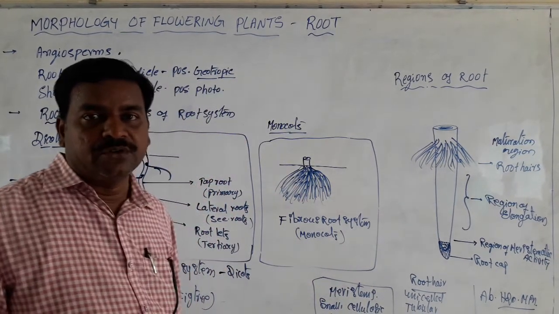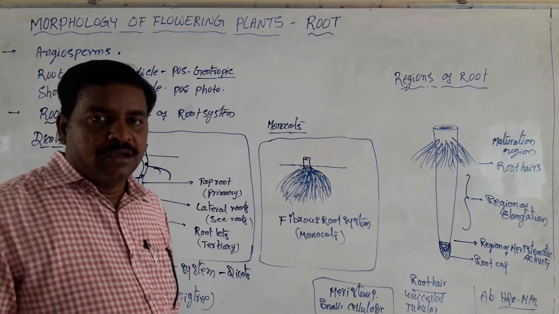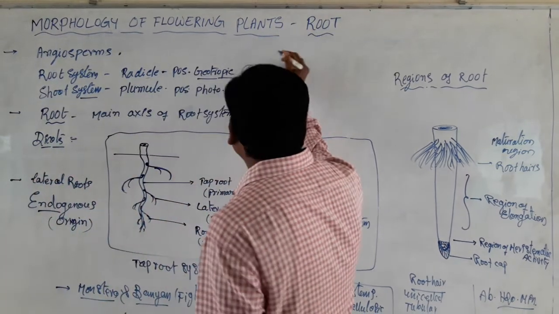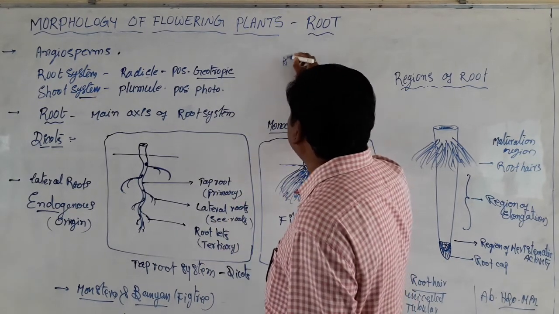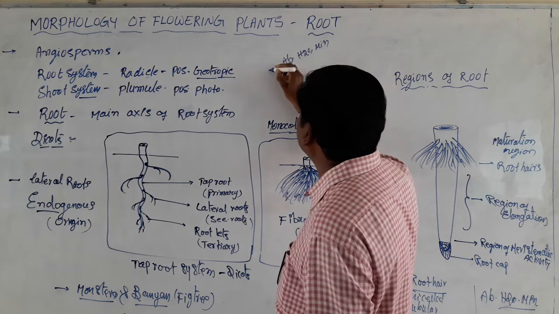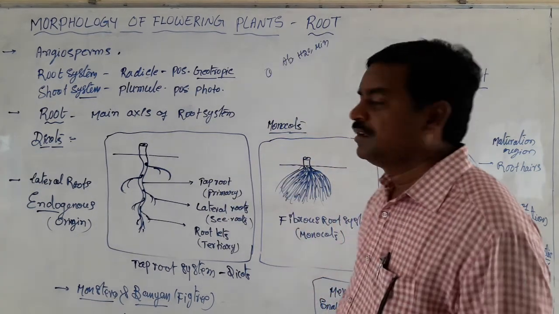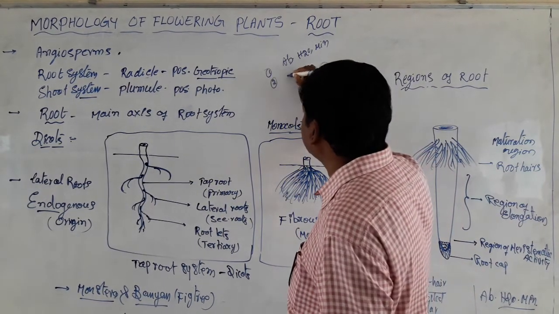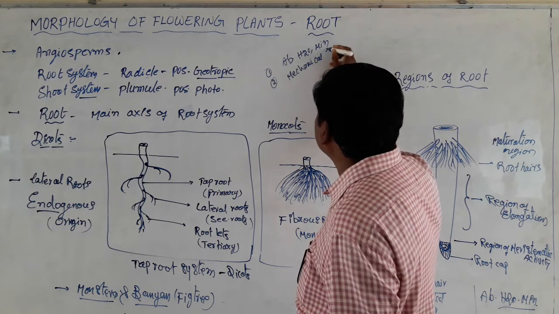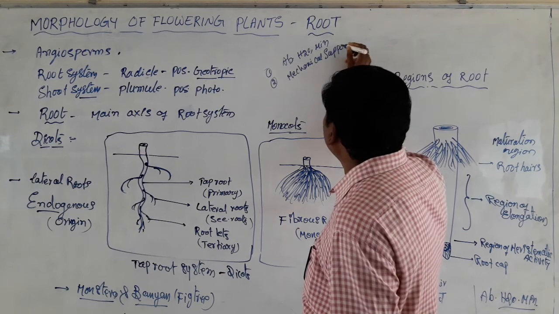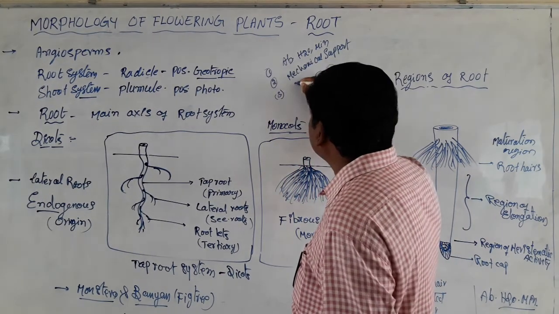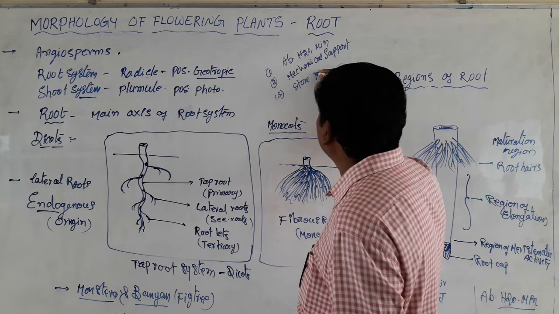Students, now coming to another point: functions of root. Root plays a very significant role in absorption of water and minerals. This is one. Second, it provides mechanical support. Third, it stores food material.